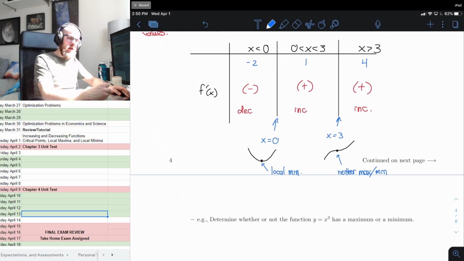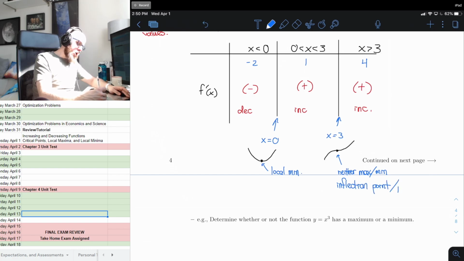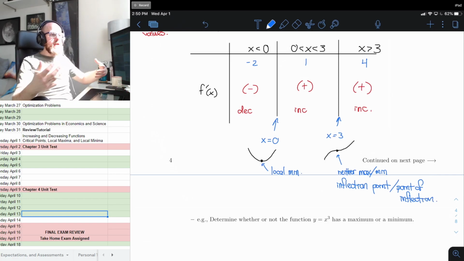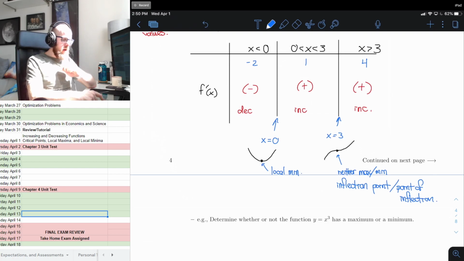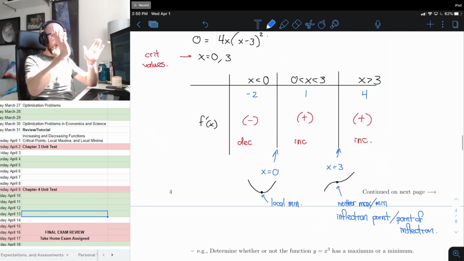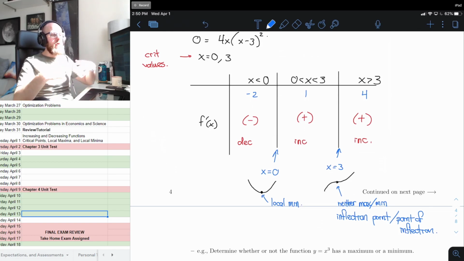What we call this is an inflection point, or point of inflection. I go from increasing to increasing, so it's neither a max nor a min. And that's how the first derivative test works. You figure out where your critical points are, and then you determine whether you go from decreasing to increasing, or increasing to decreasing, or neither.